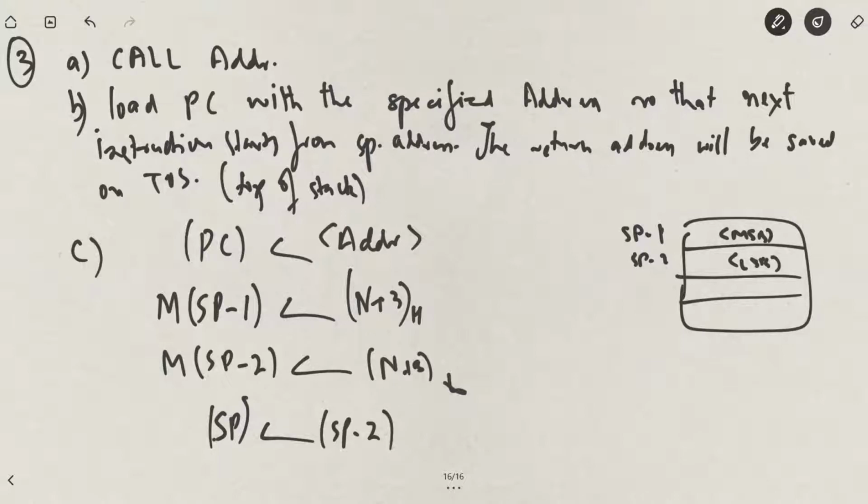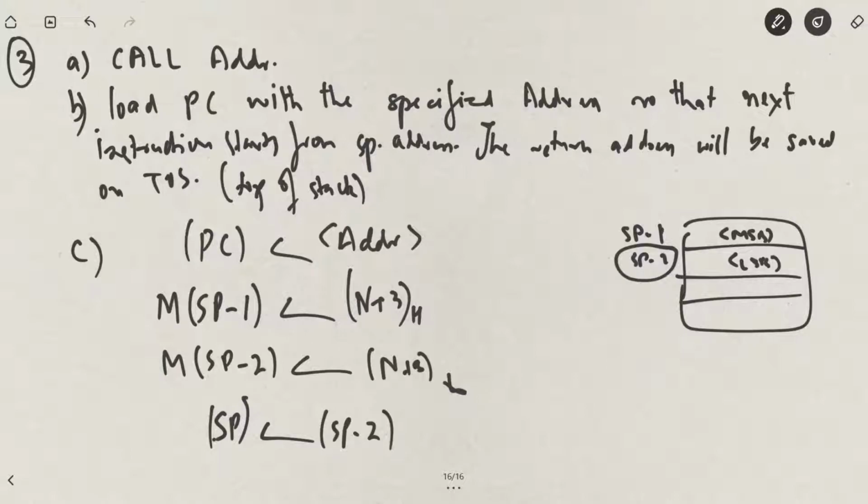And SP will be loaded with SP minus 2 in this instruction. That means this address will now be stored in the stack pointer.